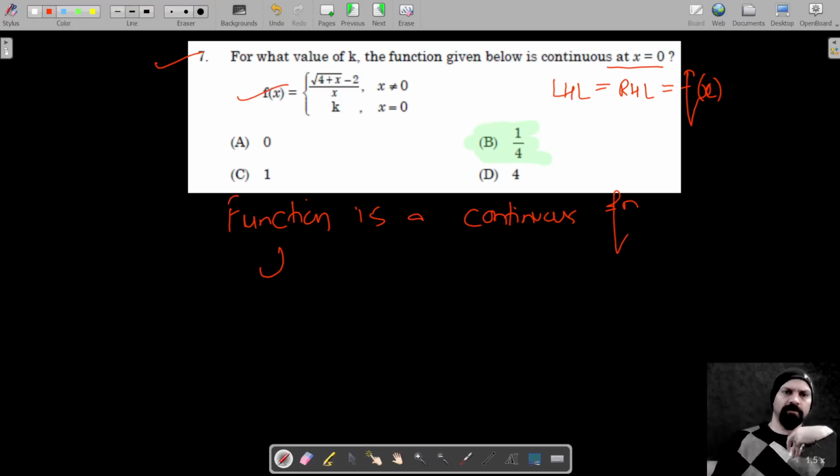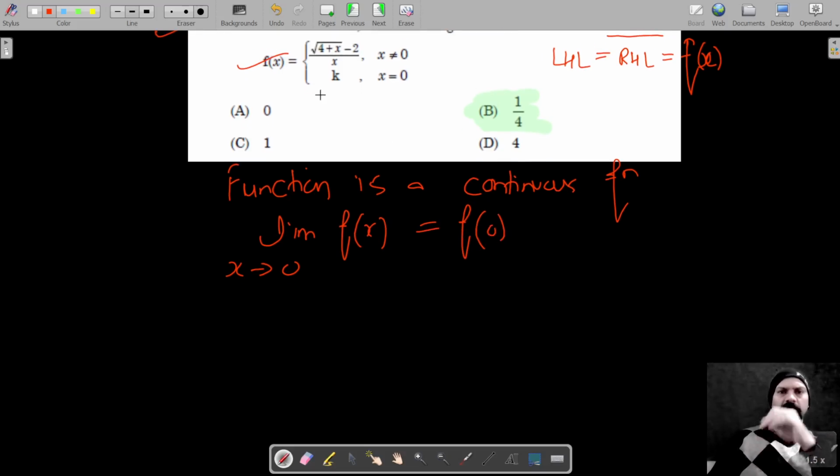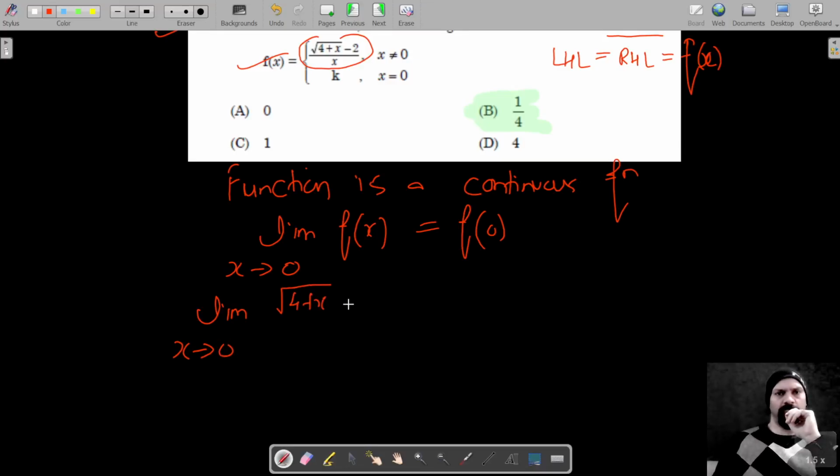That means the limit of the function as x tends to 0 should be equal to the value of the function at x equal to 0. Now, the function for x not equal to 0 is given. So let's put down the value of the function: the limit of (root of 4 plus x minus 2) upon x is equal to f of 0.